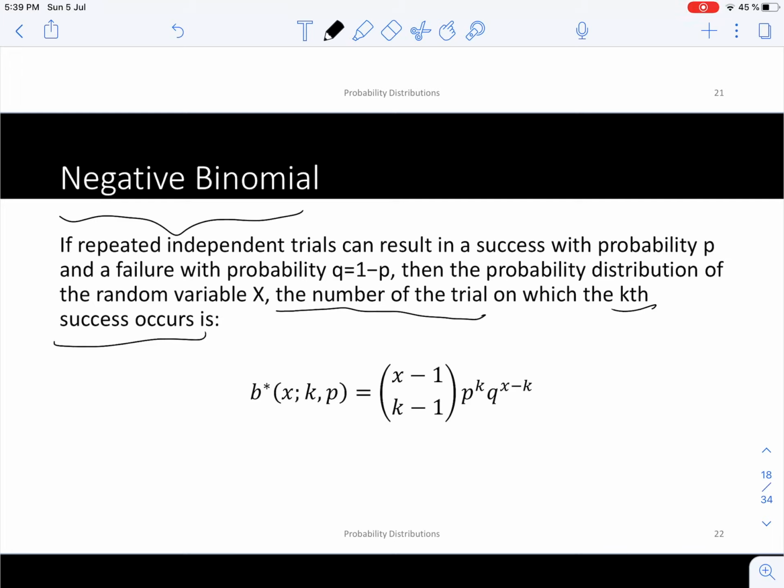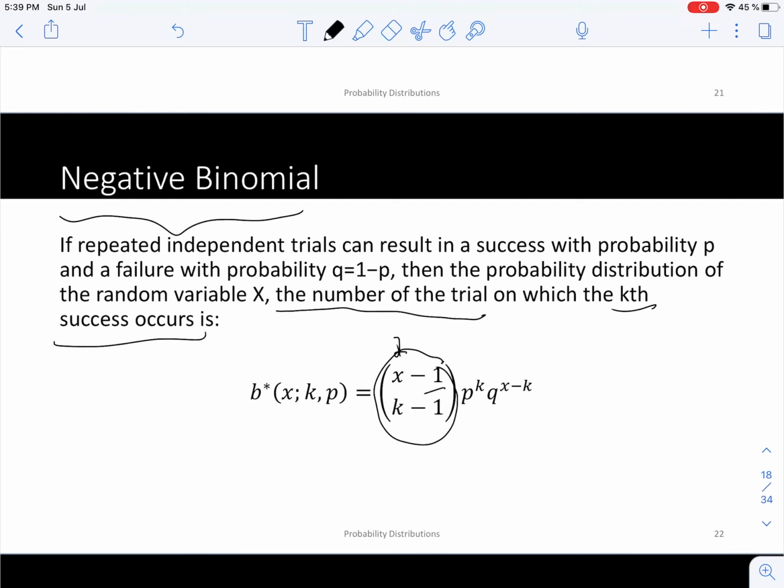So the whole idea here is like, okay, your random variable will capture how many trials will occur until you get the kth success. So here we need combination, because the k successes can be obtained in different positions, but the last one is always a success.